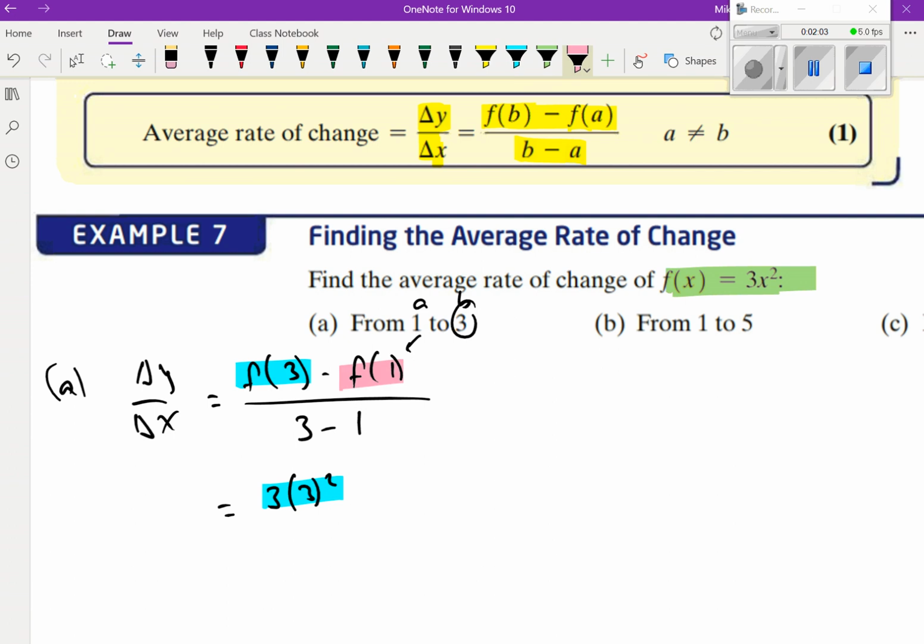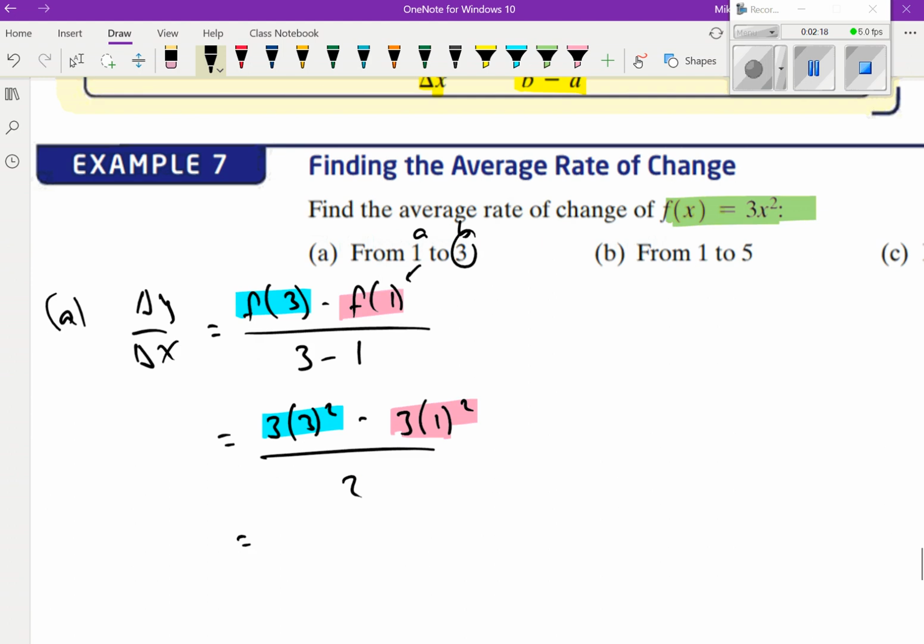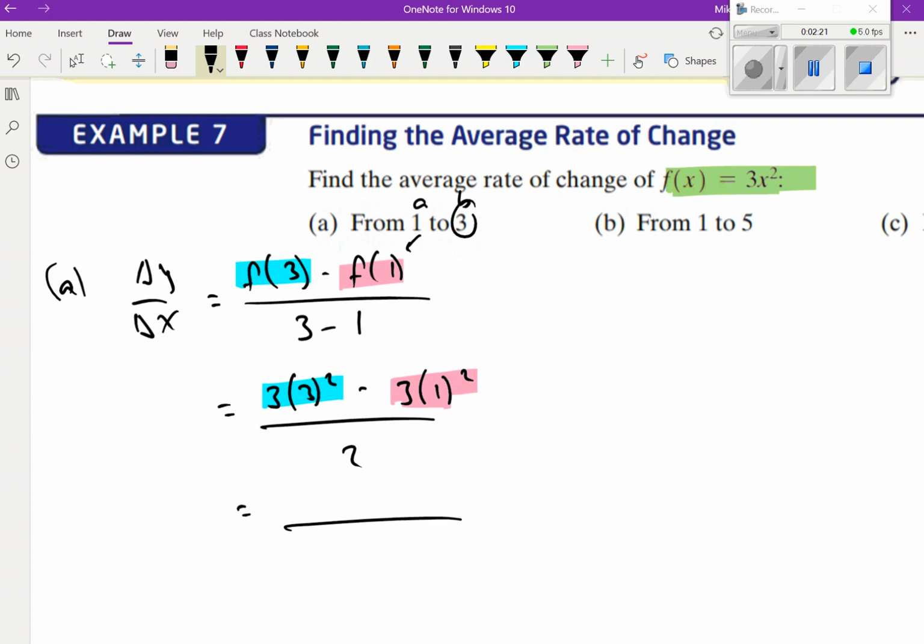Now let's figure out f of 1. So f of 1 would be minus 3 times 1 squared. And that would be f of 1. And then we get 3 minus 1 is, of course, 2. So as we take a look at this and finish going, big order of operations question for us here.